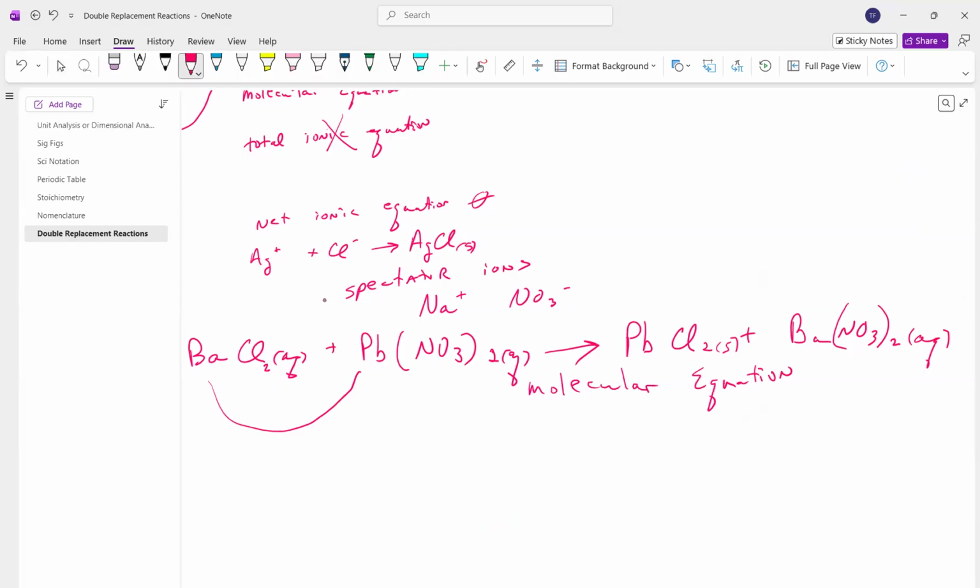So did something happen when I dumped these two together? What happened? Solid. So that means we have a net ionic equation now. So lead chloride was a solid. So what do we put together to make that?